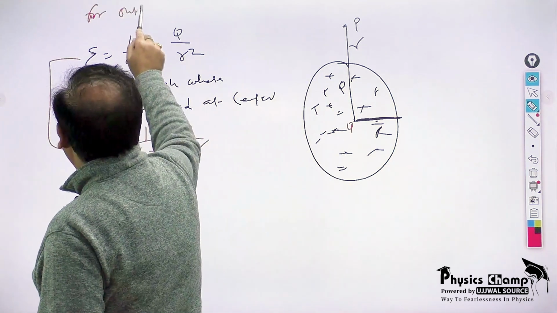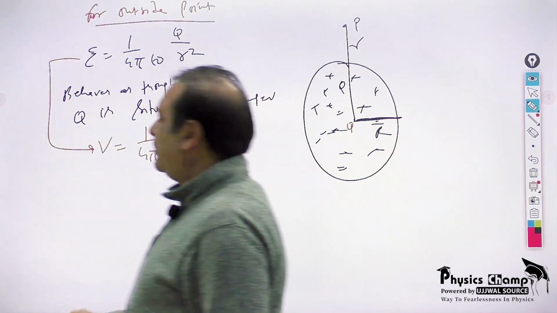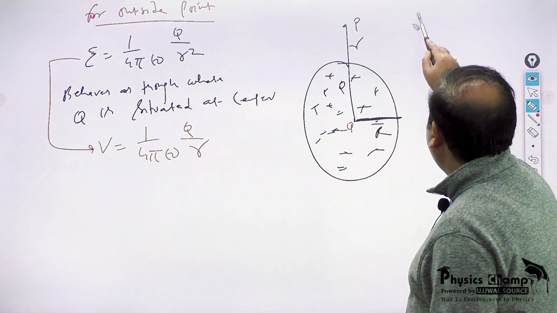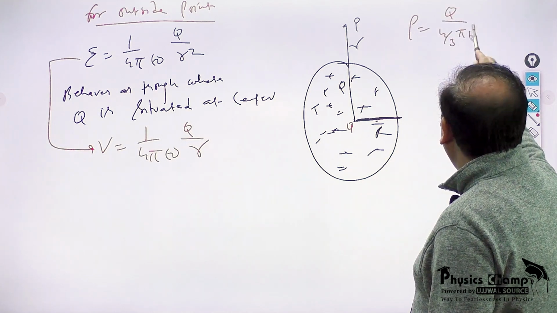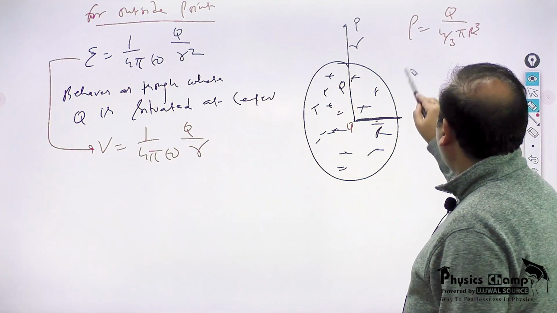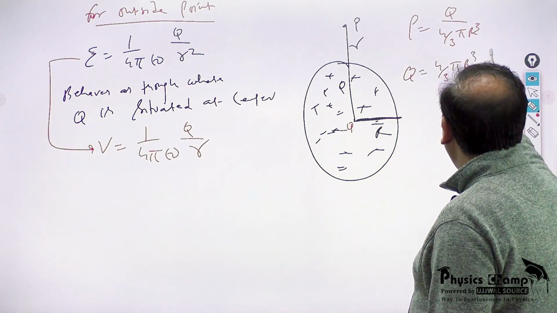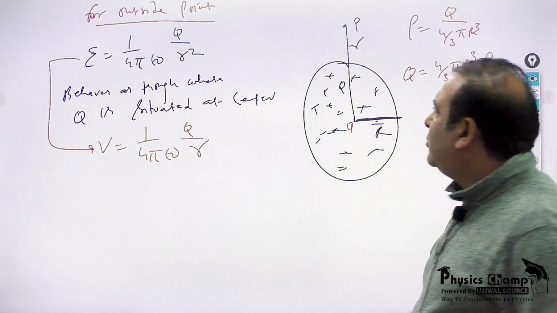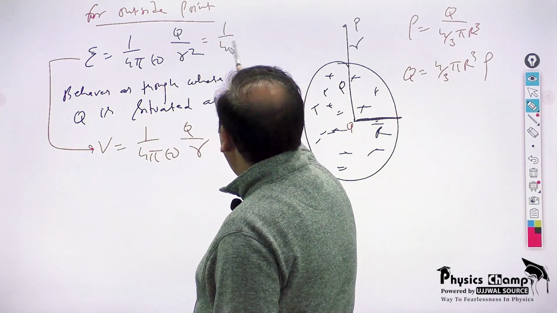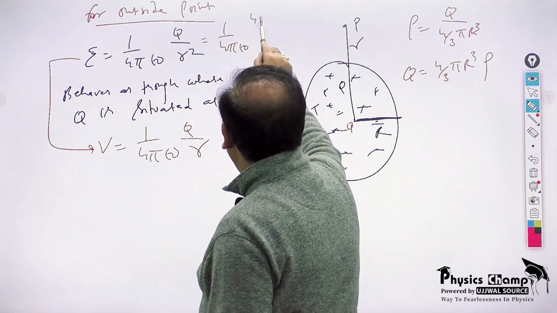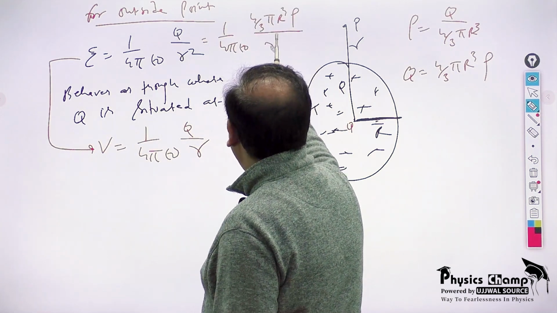Yes, we can introduce all these values in terms of volume charge density. The volume charge density was total charge by 4 by 3 pi R cube. So Q can be written as 4 by 3 pi R cube into rho. So this electric field can be written as 1 by 4 pi epsilon naught, 4 by 3 pi R cube rho divided by r square.